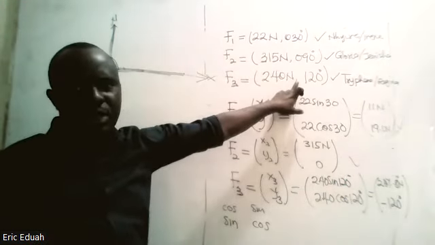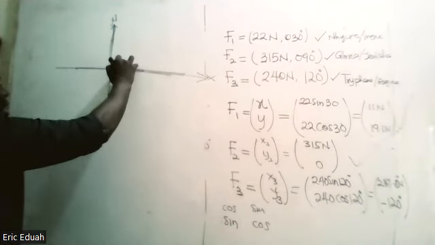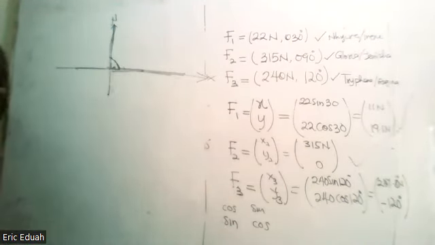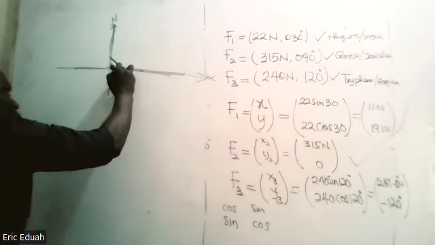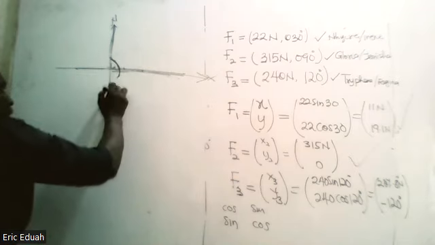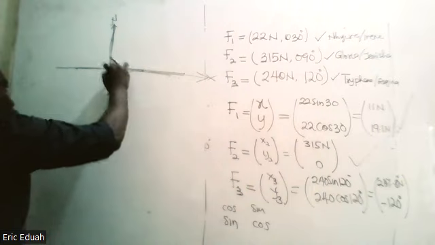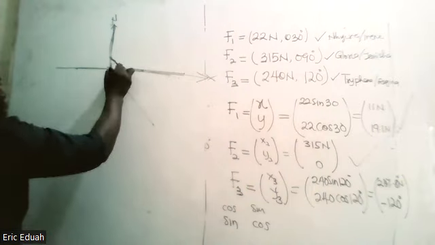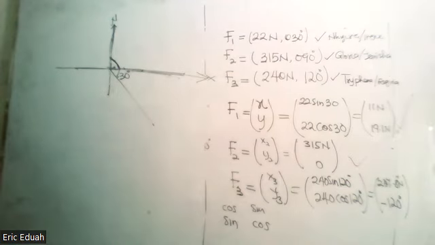I'm measuring 120. What do I have to add to 90 to take me to 120? So 90 plus what gives me 120? 30. So I have to measure an acute angle of 30 to usher me into 120.